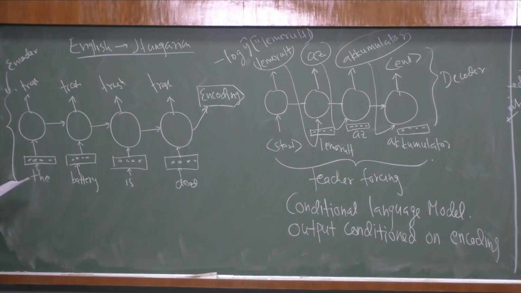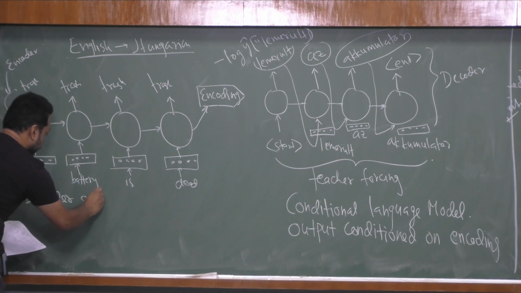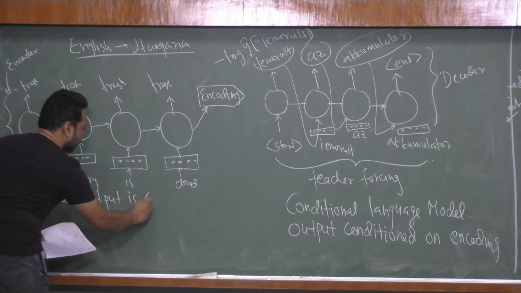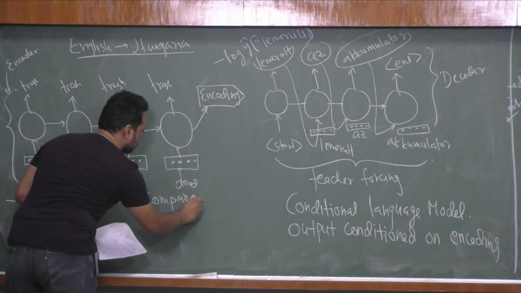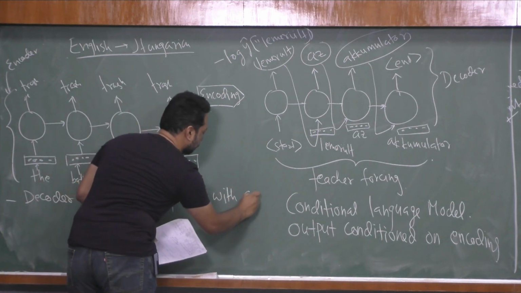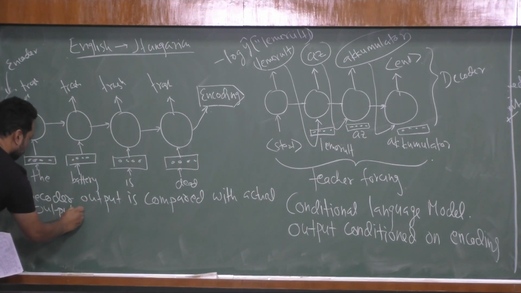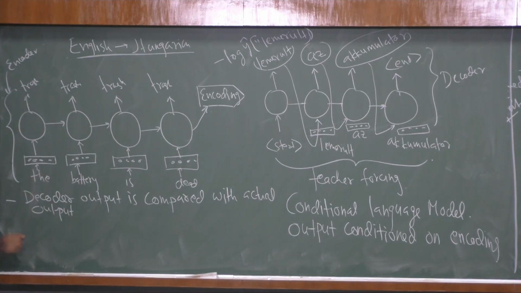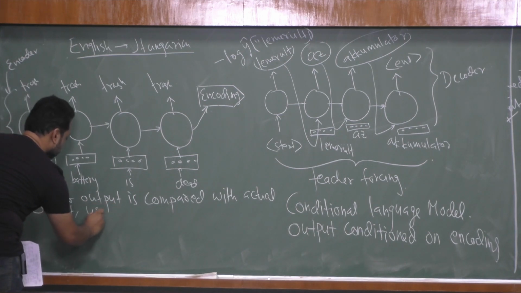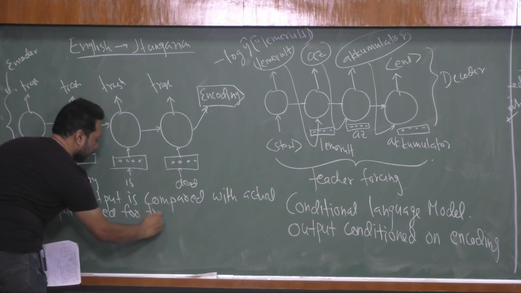So some of the remarks are: the decoder output is compared with the actual output, because we already know the correct translation sequence, and that is used for training.